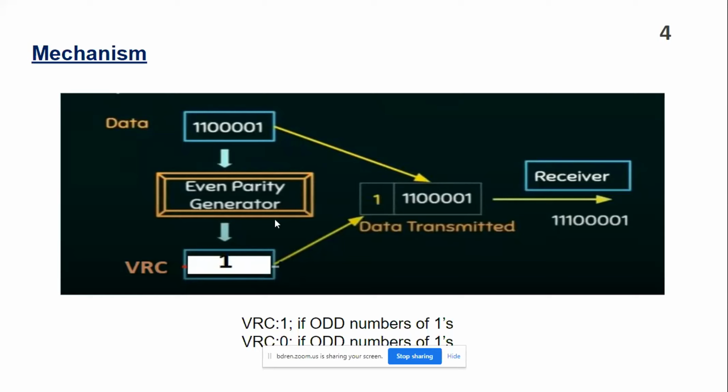If the receiver sees an odd number of 1s, it understands that the message was prone to transmission error, and the receiver rejects it.